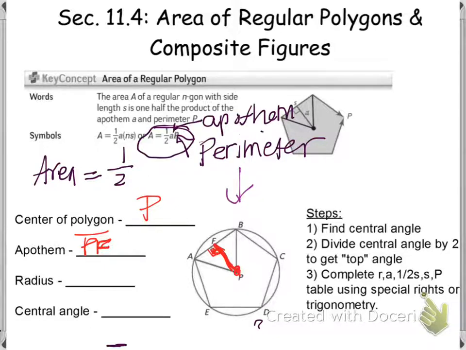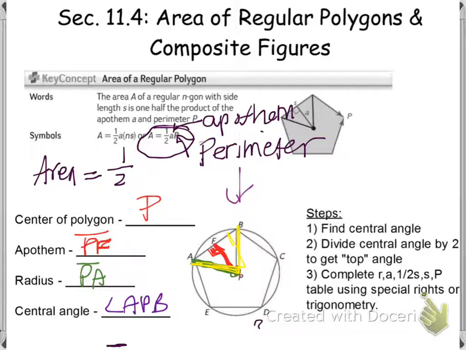And so our radius here is going to be coming from the center to the vertex of our pentagon. And so our radius here would be PA. And then the central angle here, the angle that's coming from the center, so this angle here, we would name as angle APB.